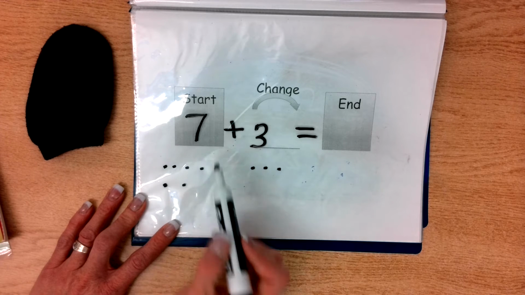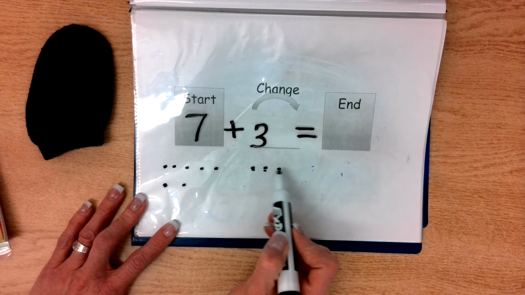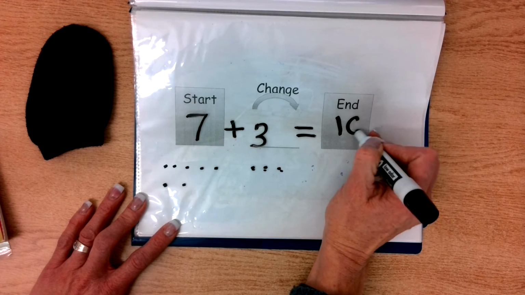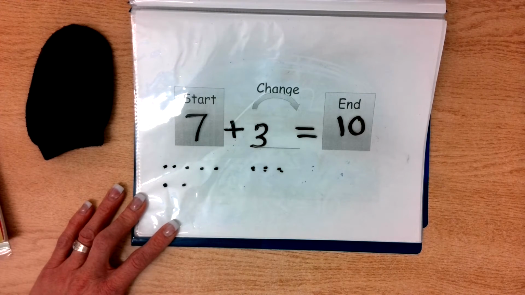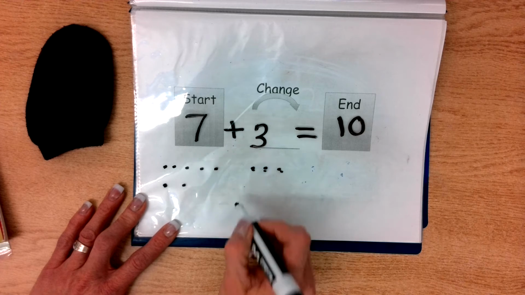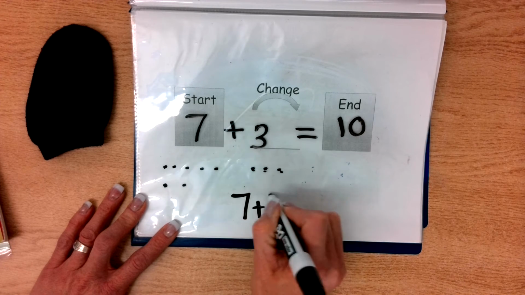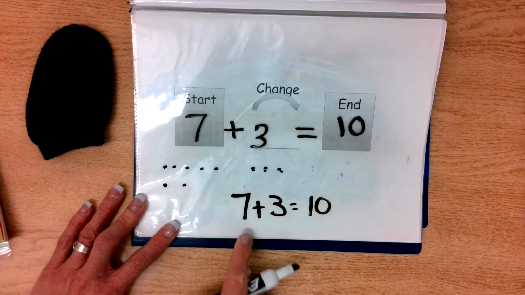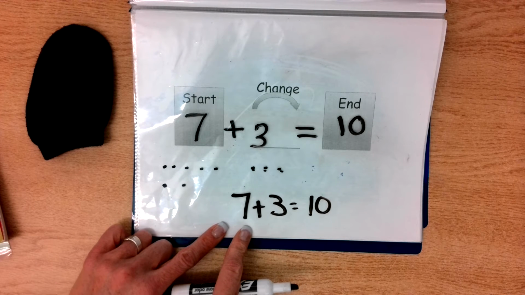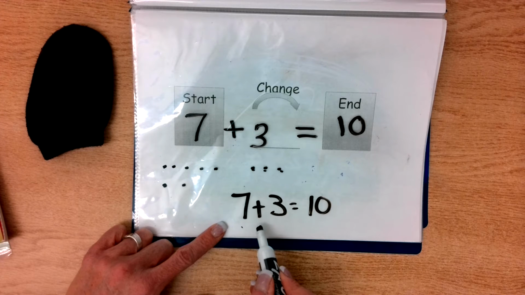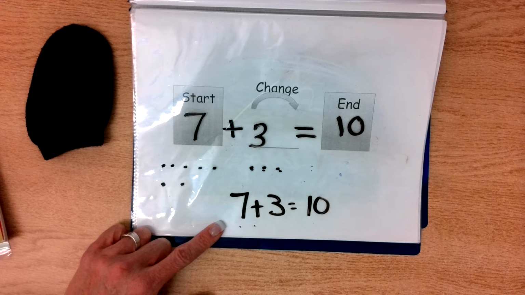Okay, so let's do that. 7, 8, 9, 10. So your answer would go here. So this is called a number model or a number sentence. If I wrote 7 plus 3 equals 10, this is called a number model or a number sentence. And you read it this way: 7 plus 3 equals 10.